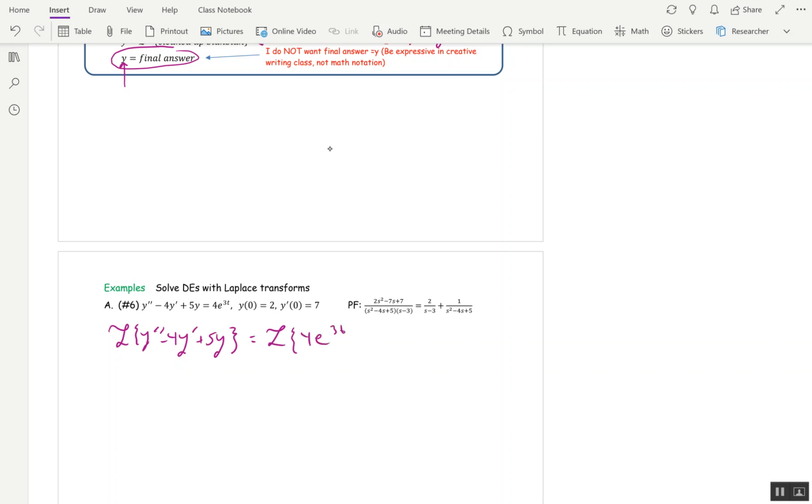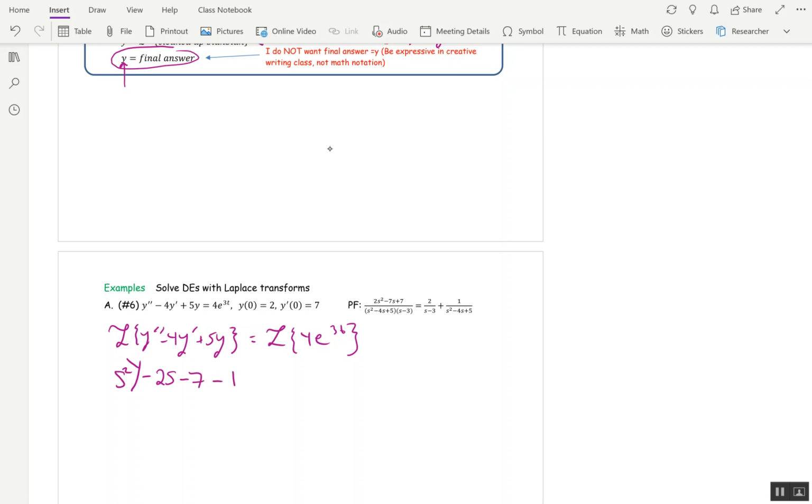4e to the 3t. Okay, now L of y double prime is S squared big Y minus S y of 0. So that's 2S. Minus y prime of 0, so that's minus 7.